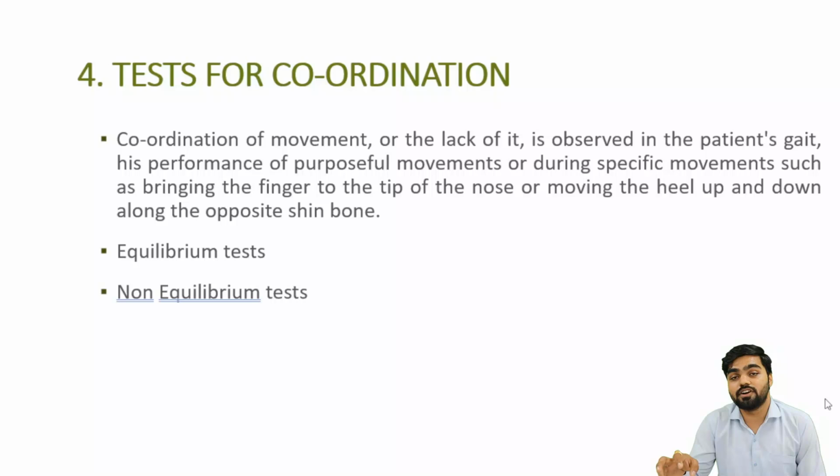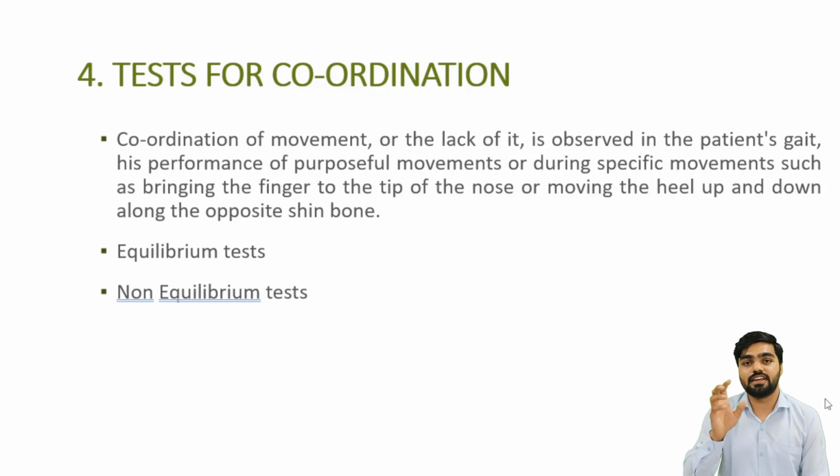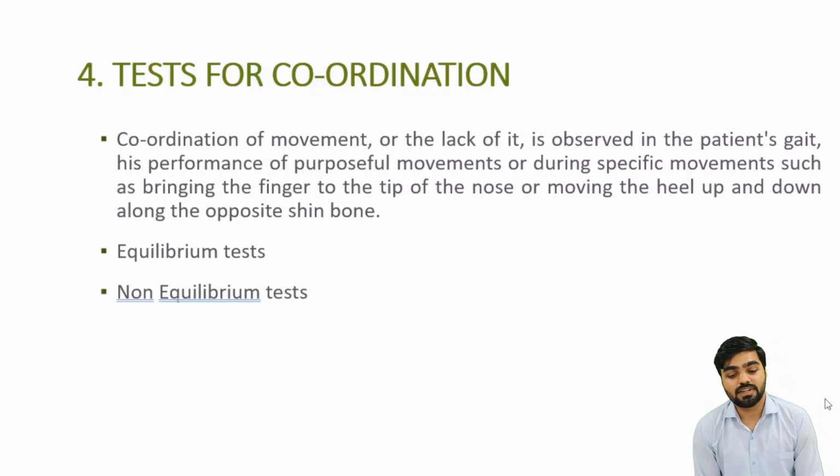Multiple joints will be focused during any movement. So to check coordination, from top to bottom, the patient completes the task coordinatedly. Each area, each muscle, each joint working efficiently will be considered coordinated. For this, there are two tests available: equilibrium test as well as non-equilibrium test.